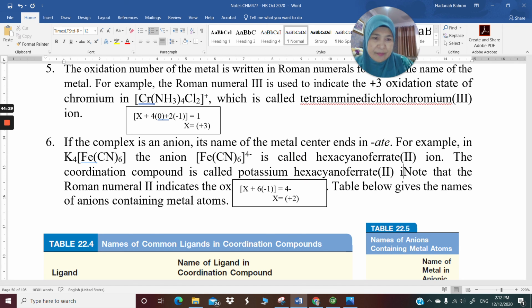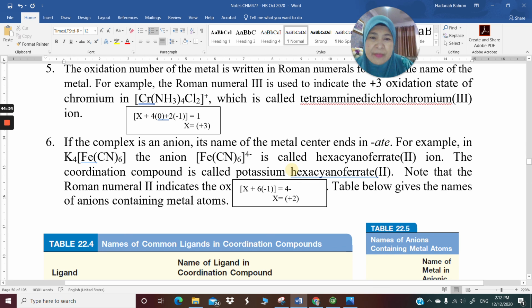Now, please note that there is a space between the cation potassium and the anion hexacyanoferrate.